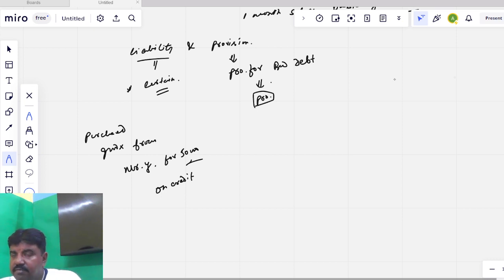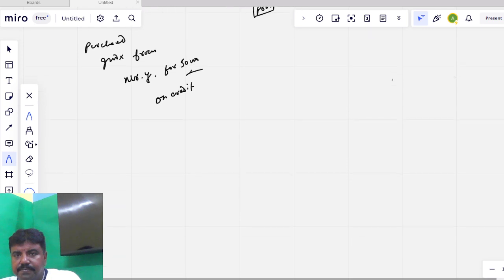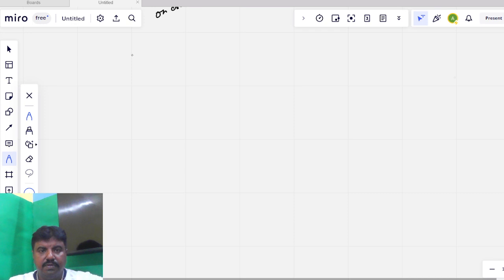So four concepts I have discussed. Now the next is reserve versus provision. What is reserve? What is provision? Reserve is basically when a business earns sufficient profit in a year, instead of distributing all the profits to the proprietors, part of the profit is kept aside.